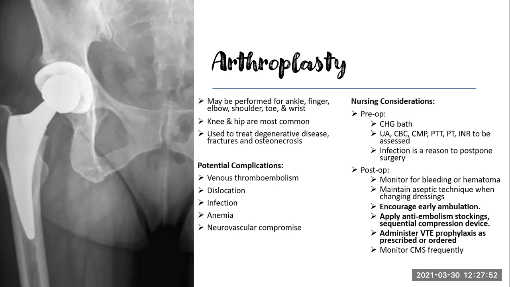Some people do end up getting a shoulder or elbow, but the one you're really going to see all the time is knees and hips. It's usually due to severe degenerative disease. Remember, DJD, degenerative joint disease, and OA, osteoarthritis, are the exact same thing. Okay, two different names, same disorder.